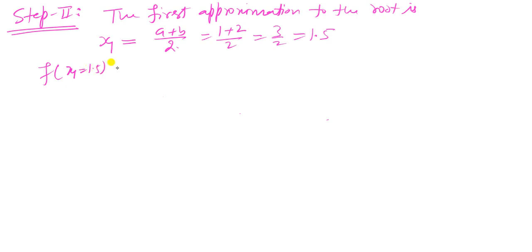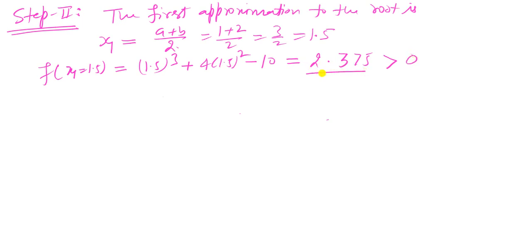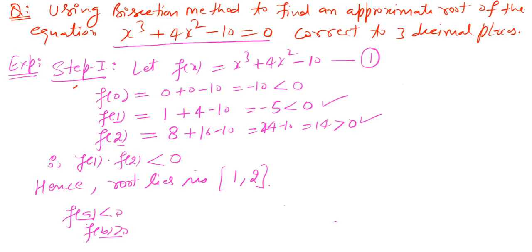Now compute the functional value at x = 1.5, that is x1. Here f(1.5) = 1.5^3 + 4 times 1.5^2 - 10, and this value is equal to 2.375, which is greater than 0. This functional value is positive and in the previous step the functional value was negative.